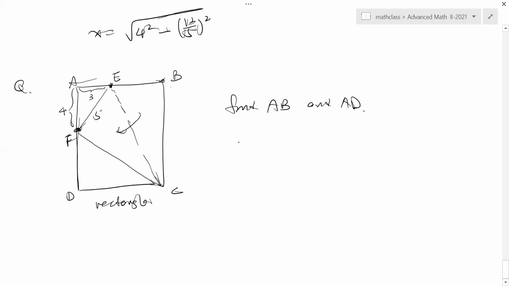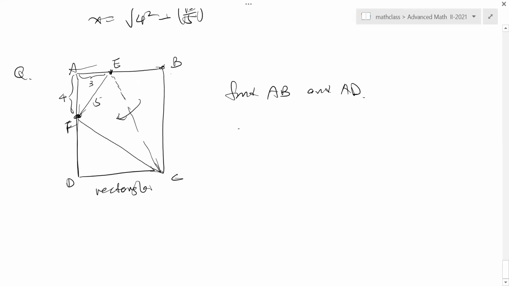So can we find this side X and this side Y? We have to find X and Y. I think we can quickly get X.